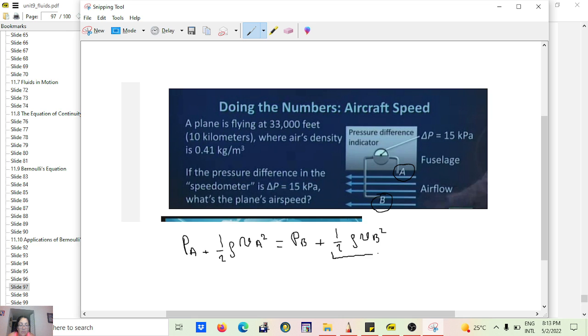So that's going to be 0, right? So PB is higher than PA, so PB minus PA equals 1/2 rho V squared. So it's an example when all the potential difference is going to go into kinetic energy, right?